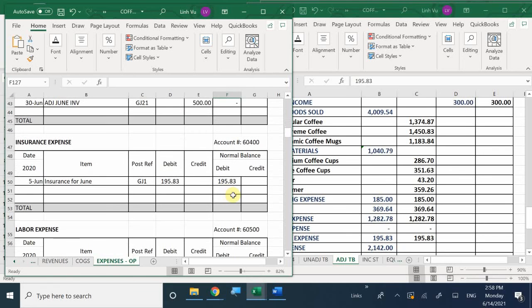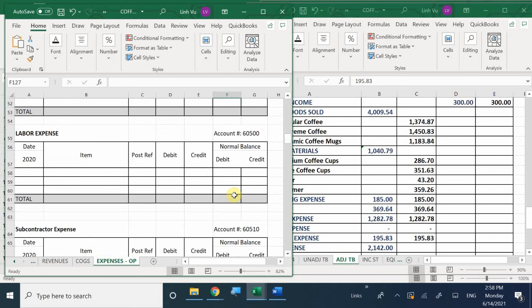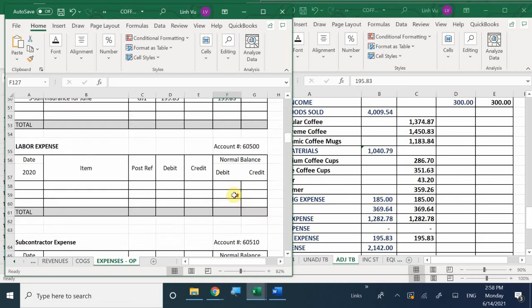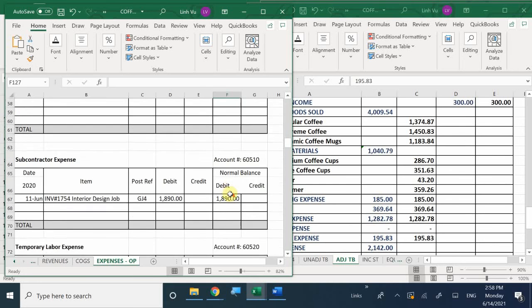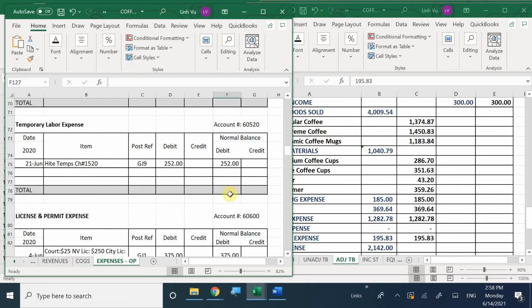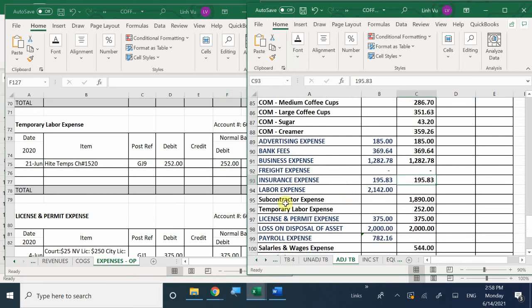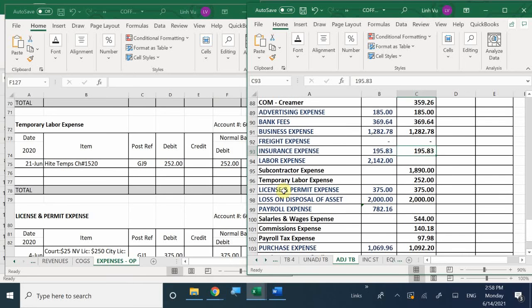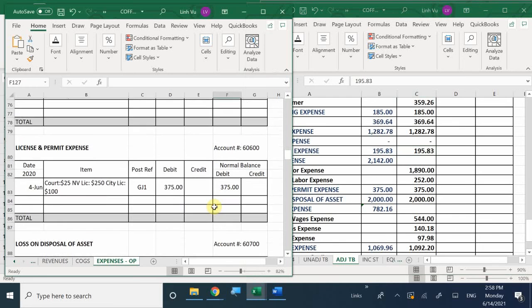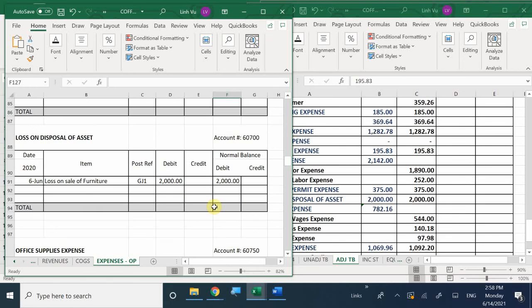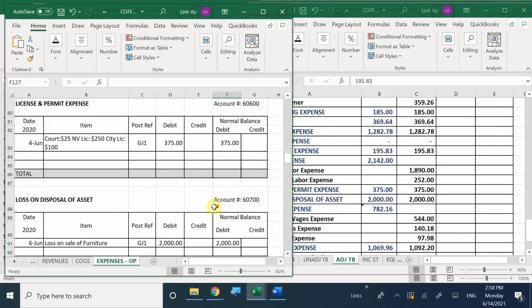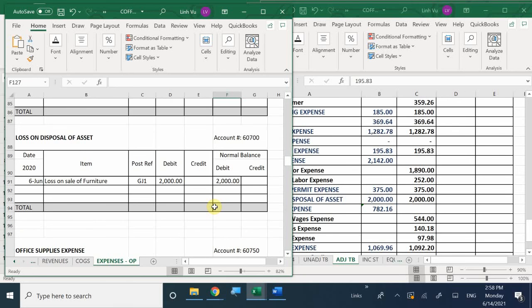Insurance is the same. Subcontractor is the same. Labor expense is the same. Subcontractor and temporary worker, the same. License permit expense is the same. Loss on disposal of asset is the same.